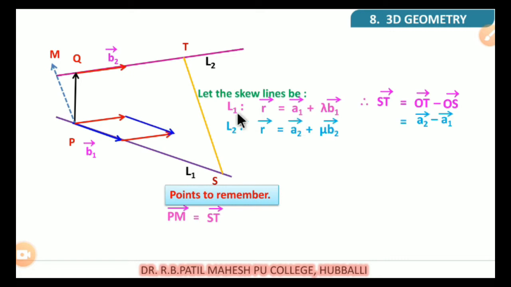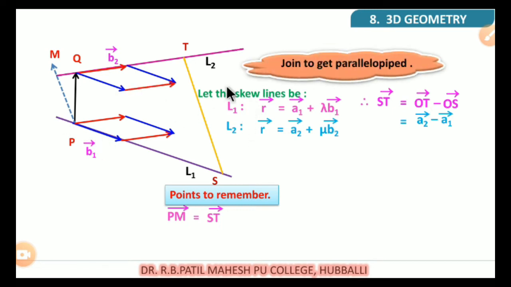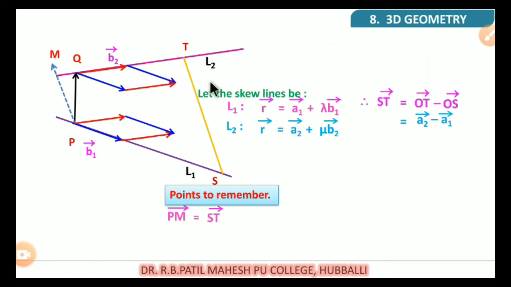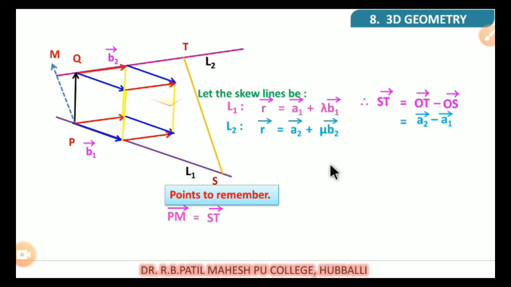And now draw vectors parallel to b2 here. So these two are parallel to b1 here. Now I am joining these vertices here to form a parallelepiped. Now imagine the two planes as shown in this diagram.